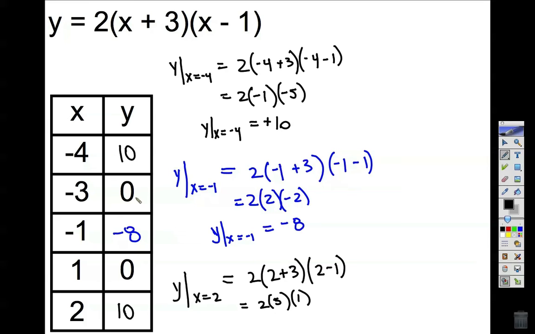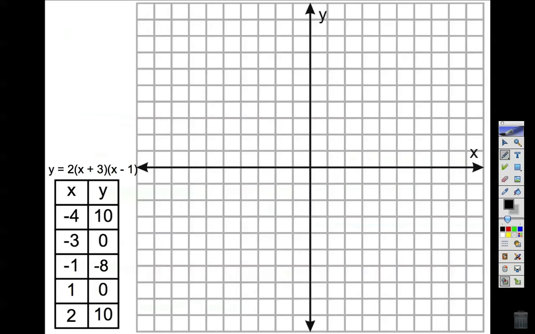I don't know why I said 4 points, but plotting these 5 makes it much better to see the parabola. So we got 1, 2, 3, 4, 5, 6, 7, 8, 9, 10. 2, 3, 4, 5, 6, 7, 8, 9, 10.